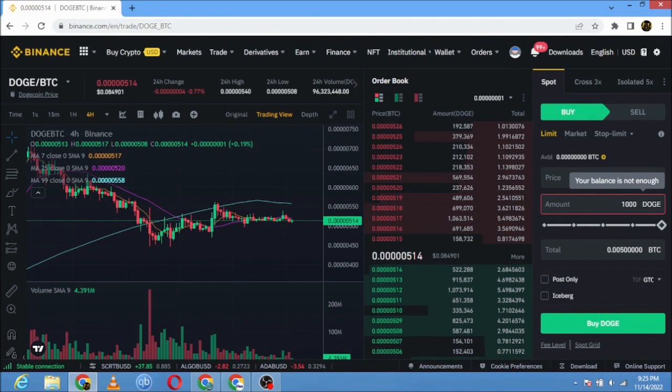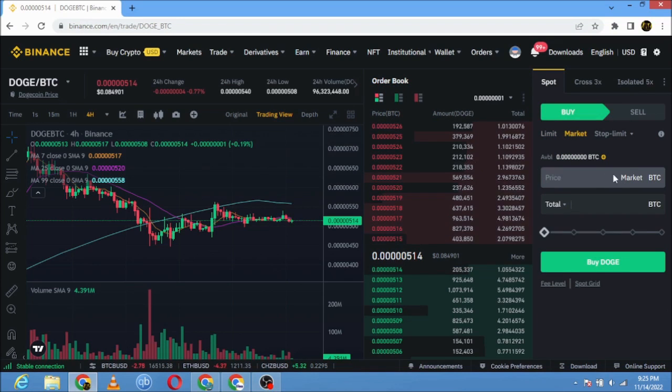So still on spot, there is market order. For the market order, it will exactly buy. Once you say that I want to buy maybe 1000 BTC worth, it will go direct and buy that amount of Dogecoin.